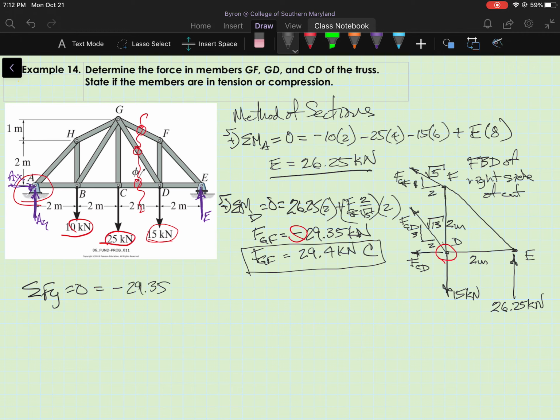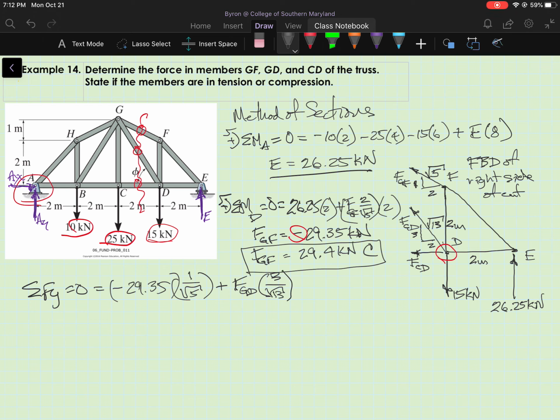plus FGD times 3 over root 13. The numbers weren't the standard 3, 4, 5 or 5, 12, 13, but I usually leave them as radicals until the end, rather than have to write all those numbers down.